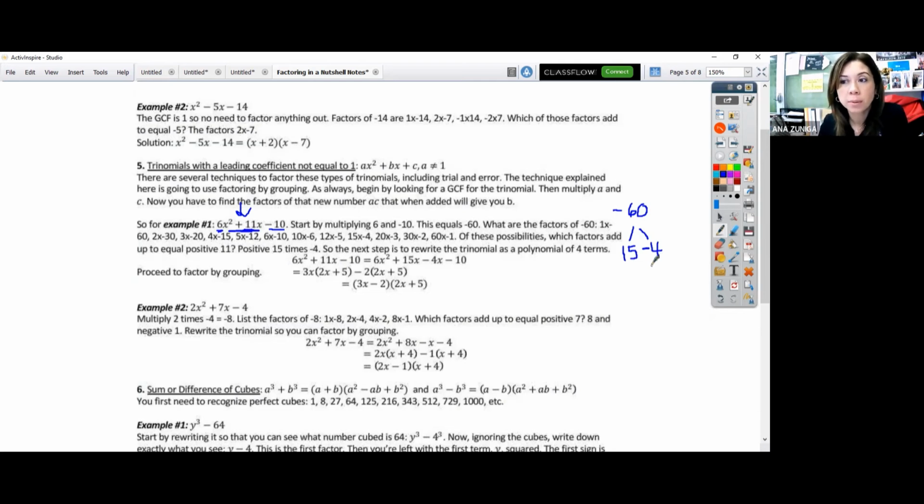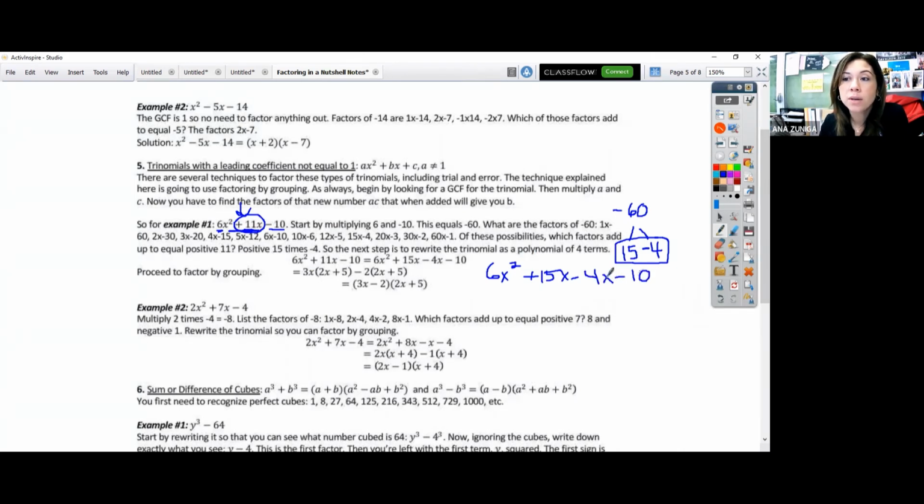I'm going to rewrite the problem as 6x squared, but instead of writing plus 11x, I'm going to break up the problem into what I just found. So I'm going to put plus 15x minus 4x minus 10.